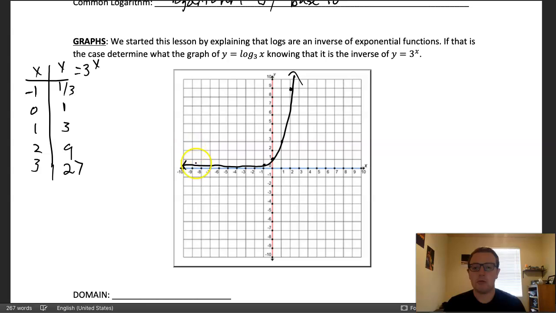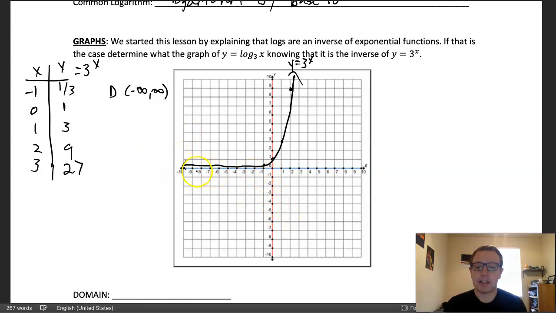Now importantly, what is our domain and range of y is equal to 3 to the x? What's our domain, or our x values? Our x values keep going to the left and they keep going to the right. So our domain for this is going to be -infinity to +infinity. And what's our range going to be? Range is our y values.